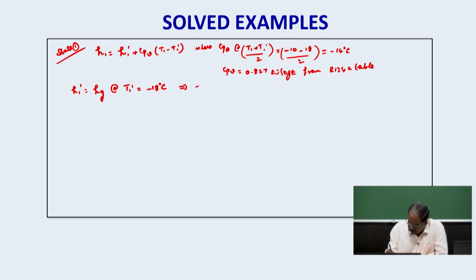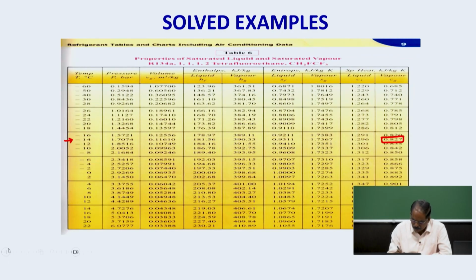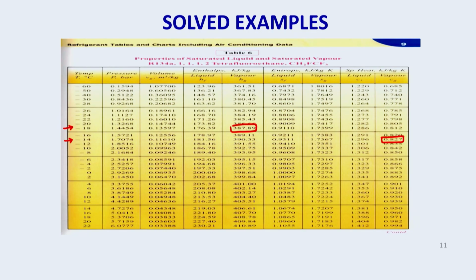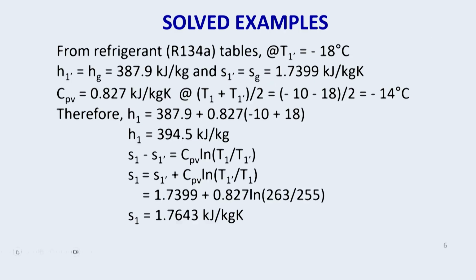So H1 dash is equal to the vapor enthalpy corresponding to minus 18 degrees centigrade from the table, that is 387.89 kilojoule per kg from R134A.